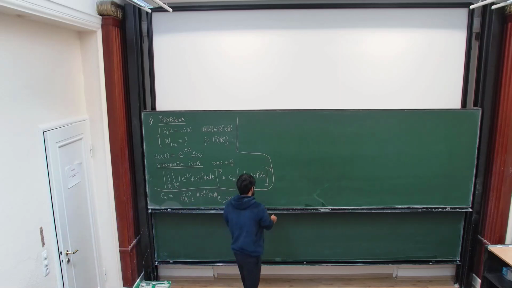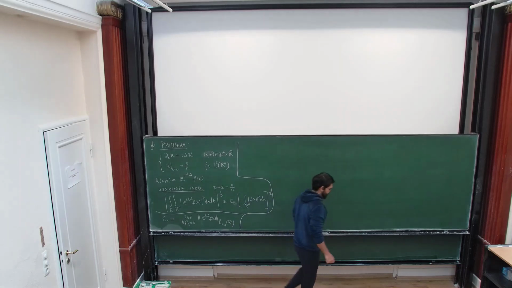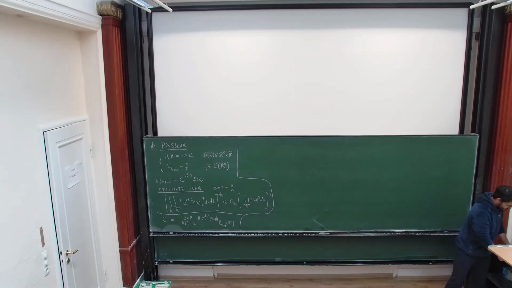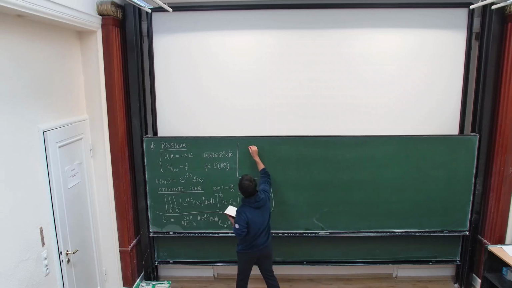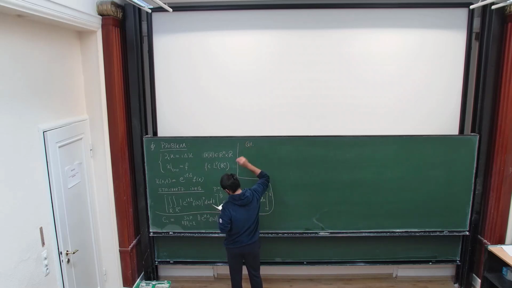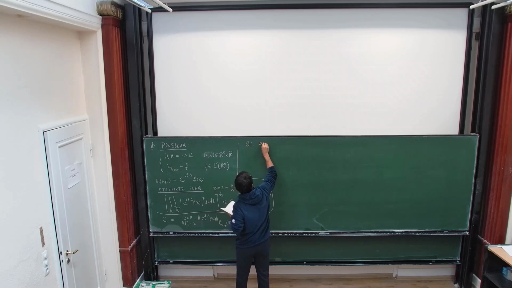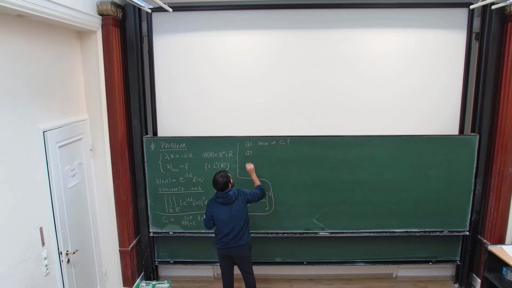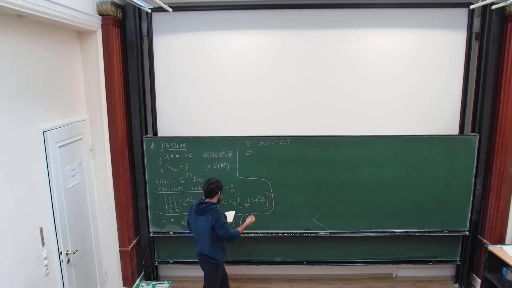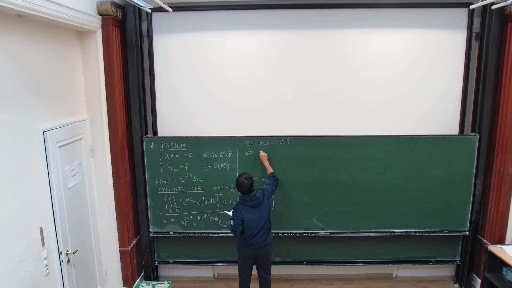And there's a bunch of questions you can ask here. The first one is, what is the sharp constant? So let me enumerate here. Question 1 would be, what's the value of C_n? And question 2, which functions extremize the inequality?